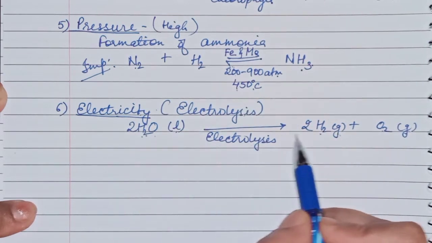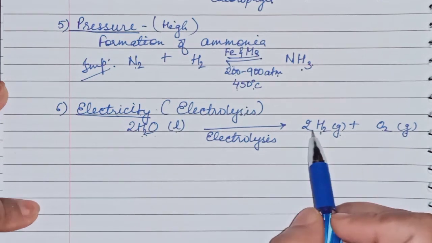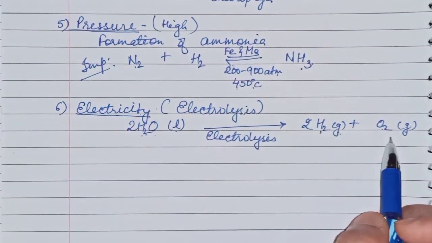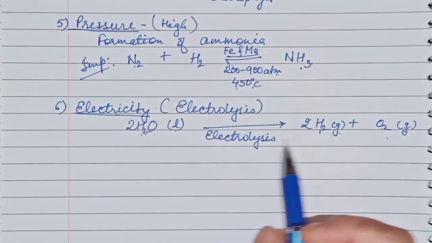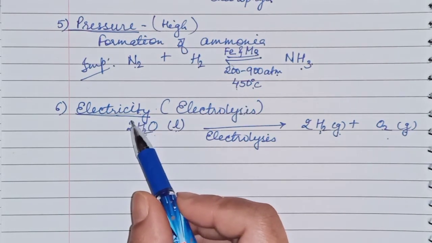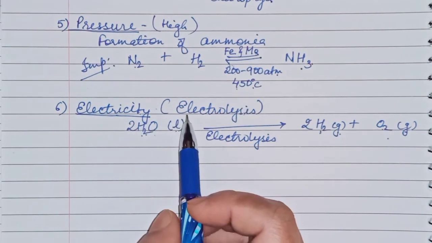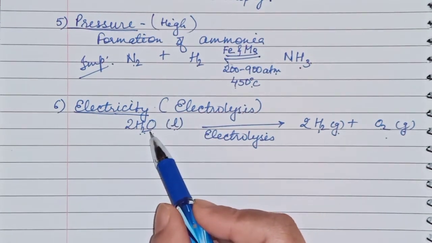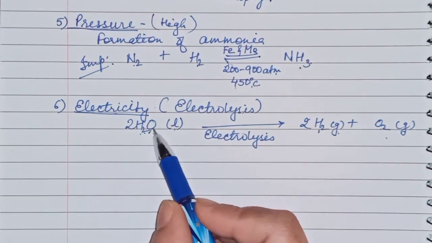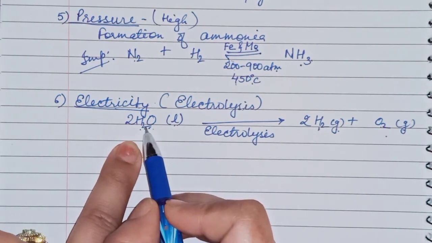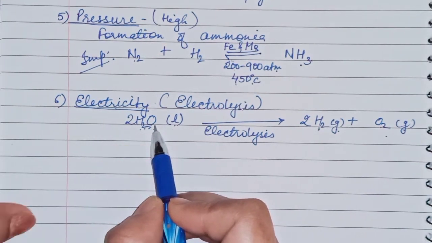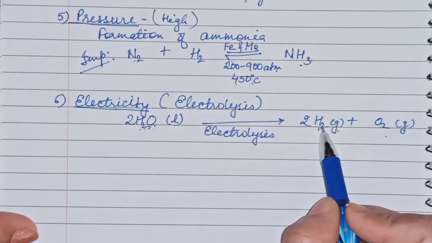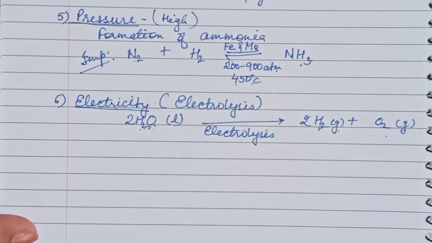Now it is in gaseous state and the properties are of hydrogen and oxygen. So electricity is also one of the conditions for chemical reaction. When electricity is passed through water, decomposition takes place and it decomposes into hydrogen and oxygen.